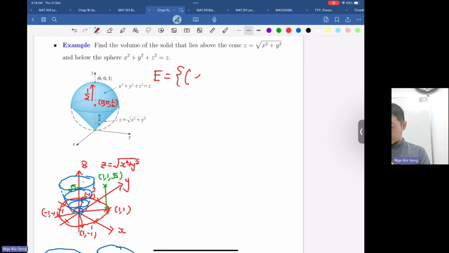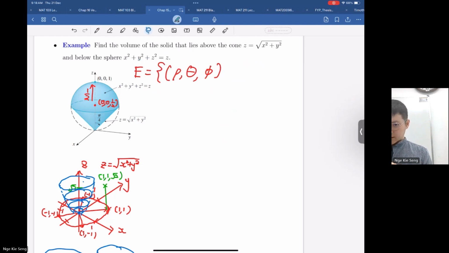For spherical, you have the radius, you have the angle on the xy plane, and you have another angle from the positive z-axis. So let's try to find the radius first. Which one is easier?